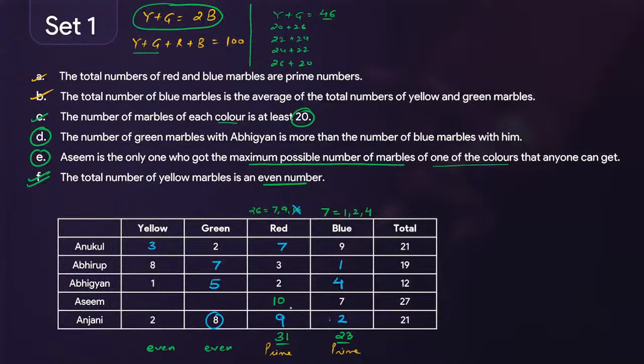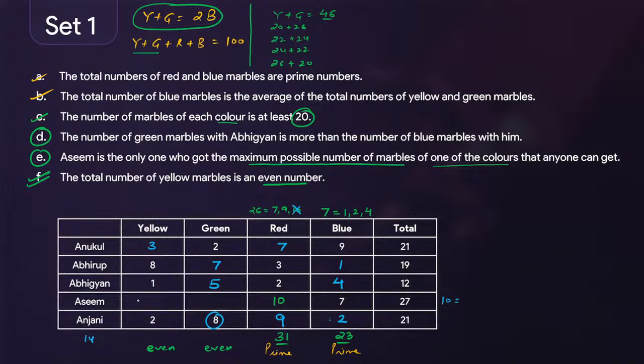Now total number of marbles with Asim is 27. 10 and 7, 17 marbles are already given. Okay, so I have to give him 10 marbles, right? Now to give him 10 marbles, so what all I can do? Now here, if you look at the number of yellow marbles, can I say that the number of yellow marbles minimum 20 तो होनी चाहिए? 3 plus 8 is 11, plus 1 12, plus 2 14. 14 is the sum here.